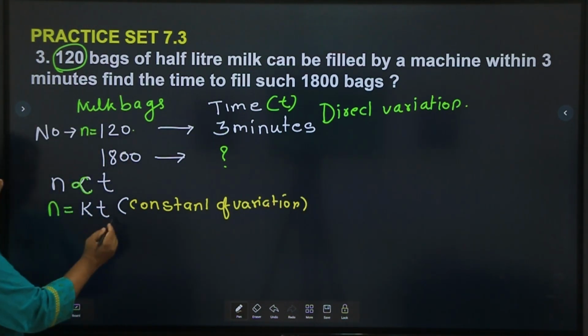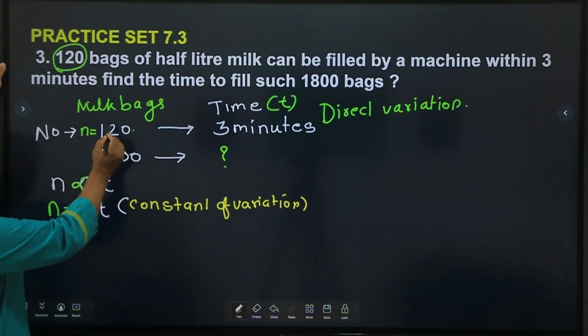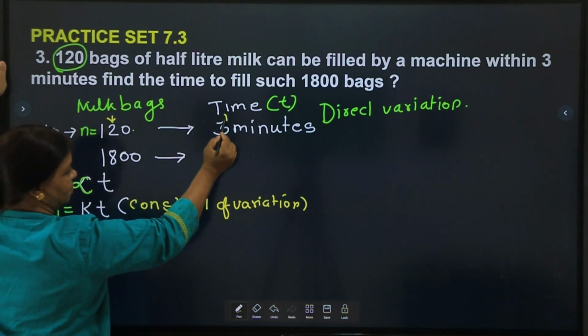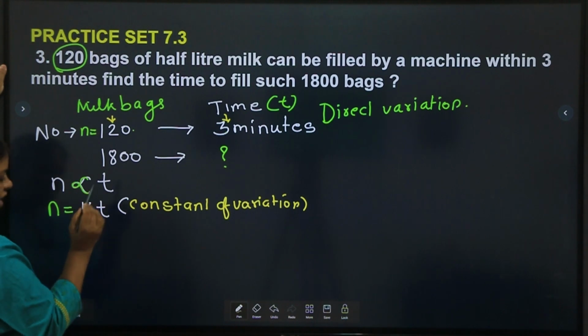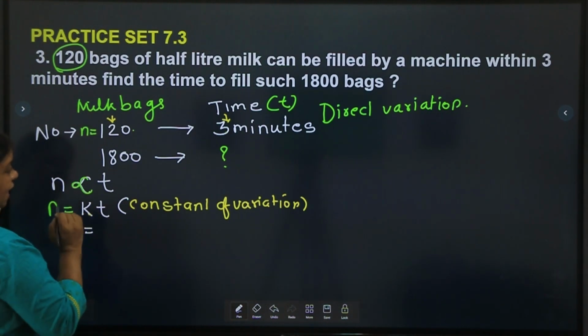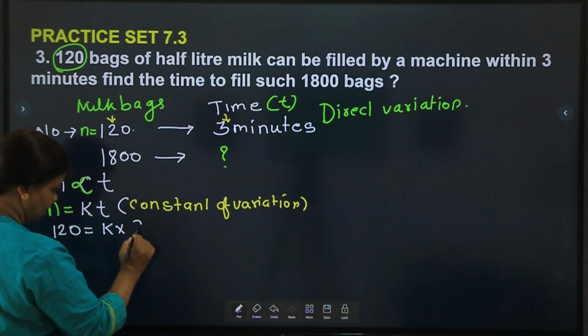Now, if there are 120 milk bags, time taken is 3 minutes. So we will get the k value from here. So let us place these values. n is 120 equal to k into time, 3 minutes.